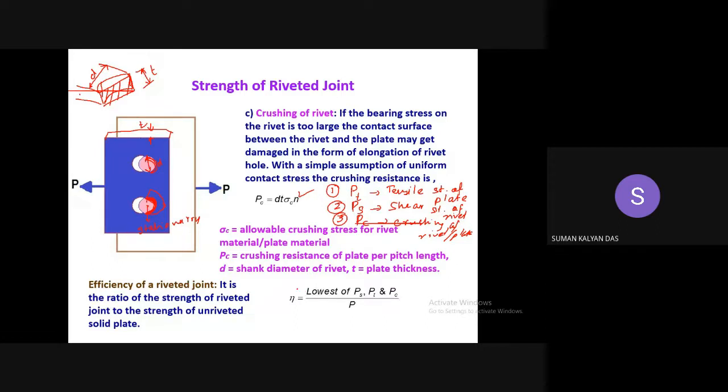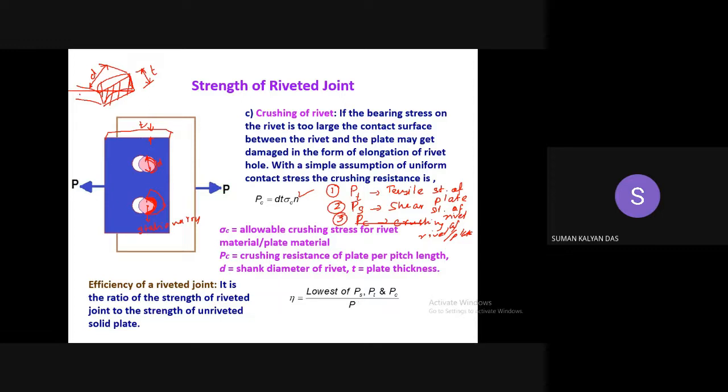So if you consider the efficiency, the efficiency is represented by this eta, which is equal to, first of all in the bottom side is P, the strength of the unriveted solid plate. Now what will come on the top? On the top, the lowest of PT, PS, PC will come, because the lowest among these governs the failure of the joint.